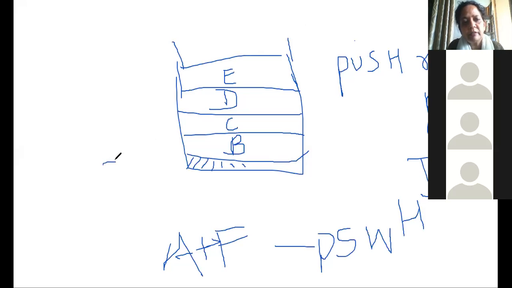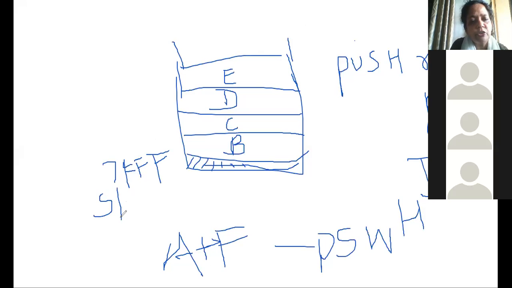So always the stack pointer, that is the top of the stack address, takes the largest address. Okay, so if I take 7FFF, this is nothing but the top of the stack address. That will always be in one register which is called the stack pointer. So the stack pointer is a 16-bit register which always points to the top of the stack.